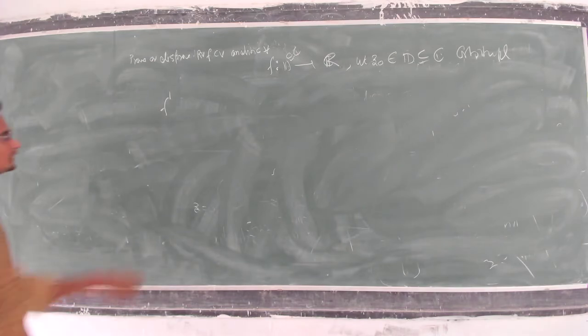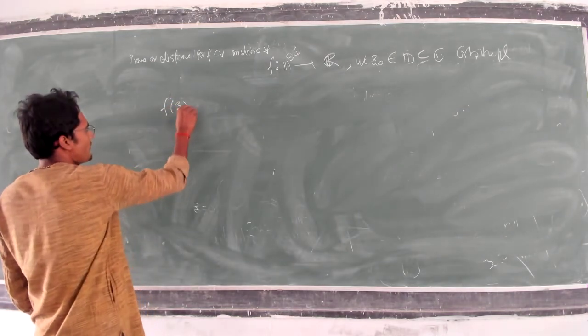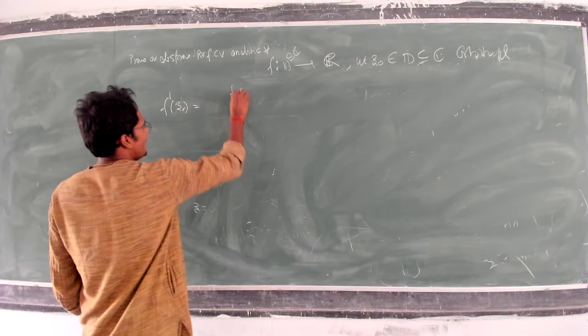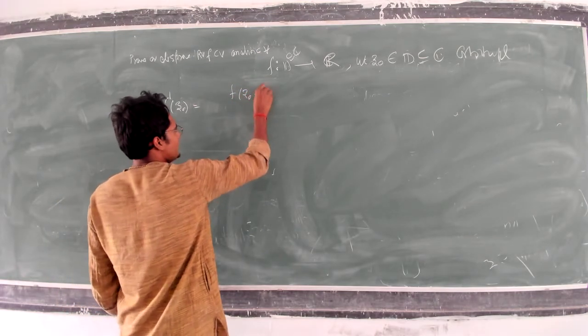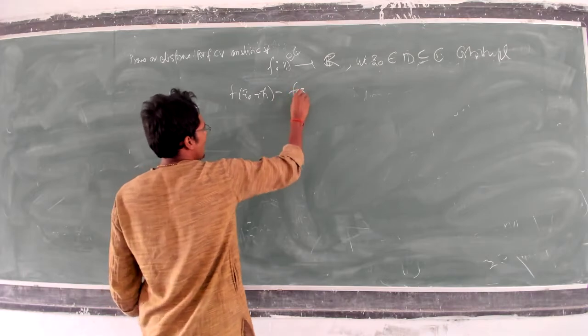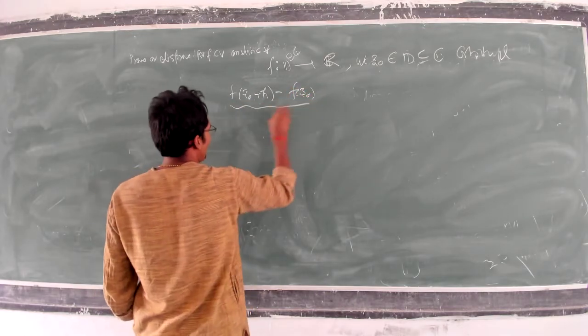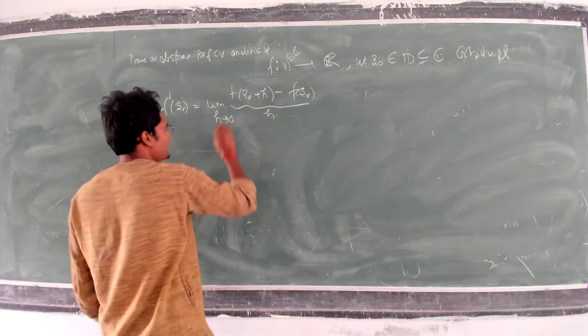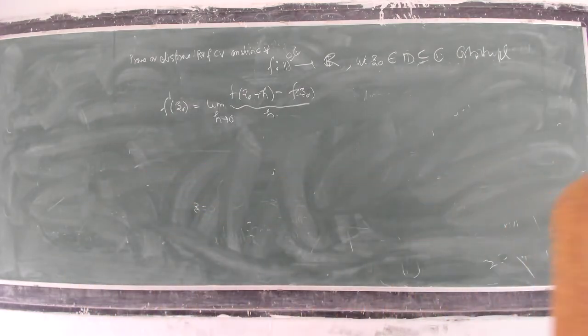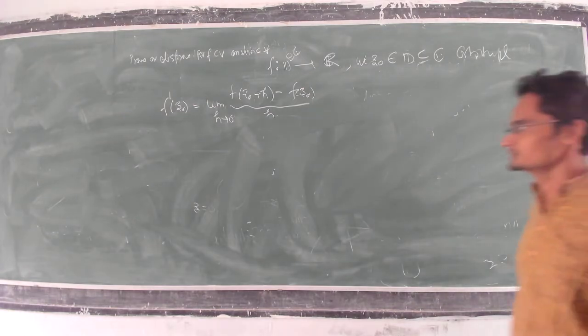So f dash z naught will be, tell me, the limit as h tends to 0 of f of z naught plus h minus f of z naught over h. Is it clear to everyone? Yes or no? This is the definition. Fantastic.